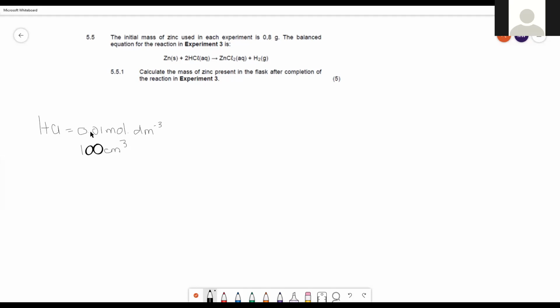No, wait, that was 0.1, sorry. Let me just fix that. Okay, so 0.1. And then they tell us the mass of your zinc is equal to 0.8 grams initially.